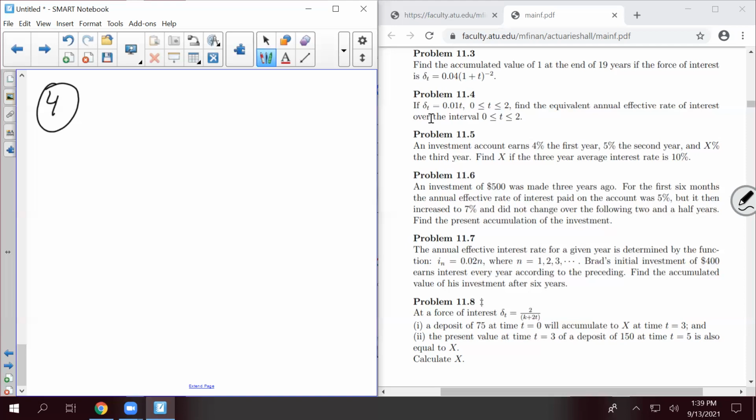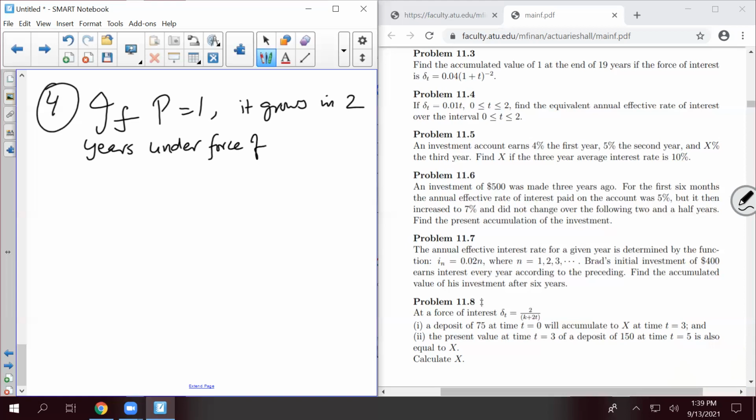So if P is equal to 1, it grows in 2 years under the force of interest to 1 times e to the power integral from 0 to 2 of delta t dt.